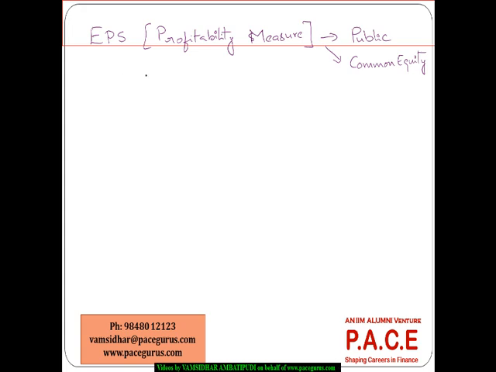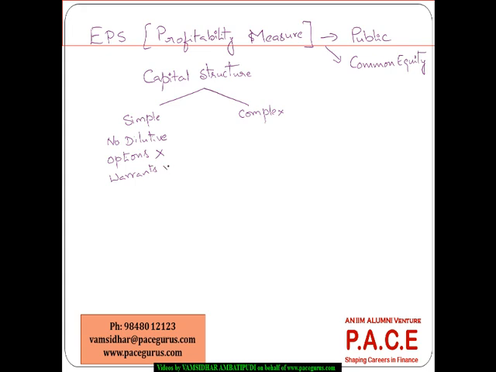Now, first of all, what is important when I'm looking at EPS is the current capital structure of the company. Is it simple or is it more complex? How do I differentiate simple and complex? When I have no dilutive securities, we say it is simple, which means there are no options. The company did not issue any stock options or warrants, or any convertibles, such as convertible preference stock.